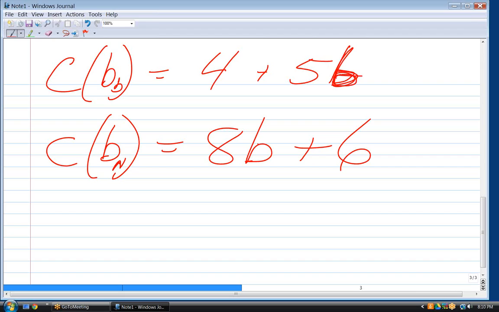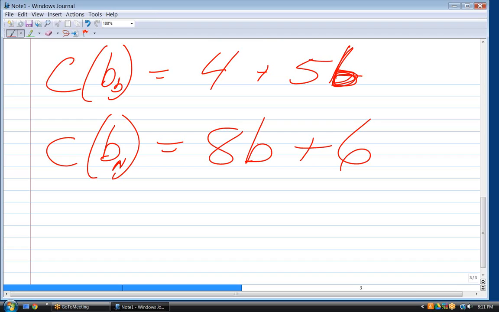Okay. So yeah, we're going to subtract the 8b plus 6 from the 4 plus 5b. Or we're going to do it the other way around. My bad. I'm sorry. Because they want how much more it costs to do B necklaces than B bracelets, right?